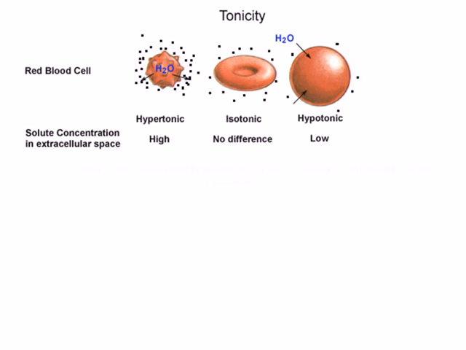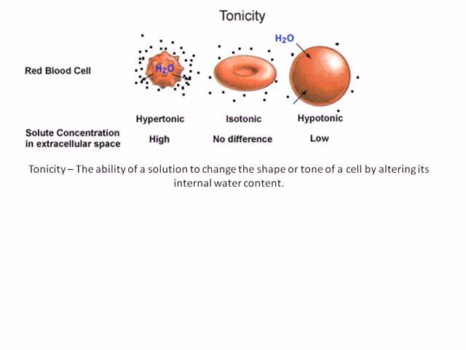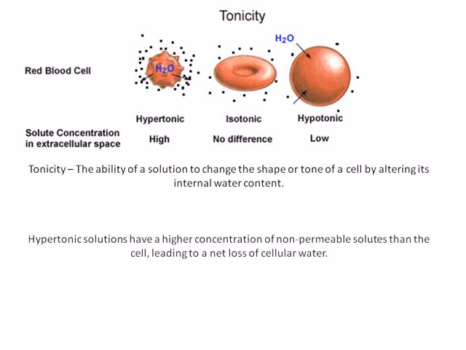Tonicity is an example of how the external environment of cells can alter the flow of water. If the extracellular environment presents with a higher concentration of non-permeable solutes than the cell, that is, a higher concentration of solutes that cannot enter the cell, then the concentration of water on the outside of the cell would be less than inside the cell.